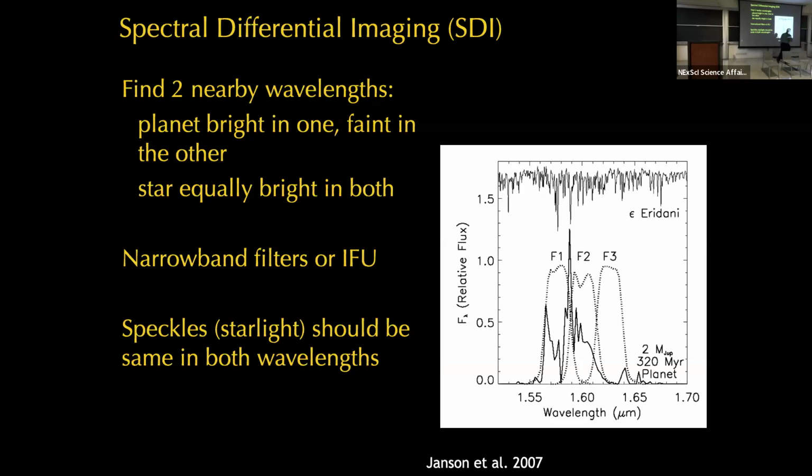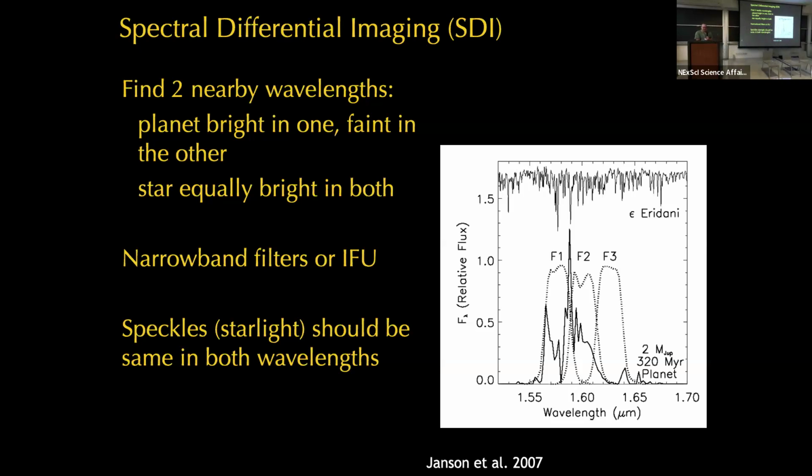But if the planet has methane, the planet's atmosphere will absorb a lot of light at 1.63 microns. And so you have one narrowband filter where the planet is bright, one narrowband filter where the planet's essentially faint. The star is about the same brightness in both those filters, and you have what you wanted. You have two images now, one of star plus planet, one of only star. You can subtract them and see the planet hiding underneath.